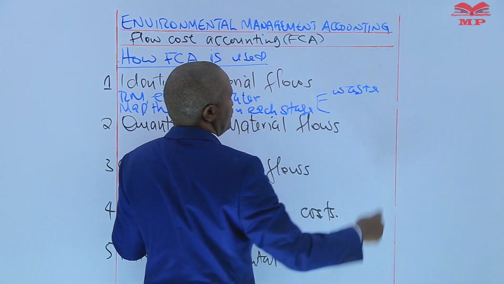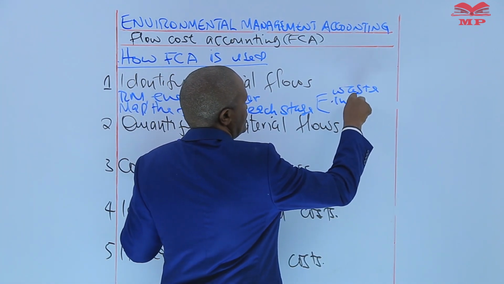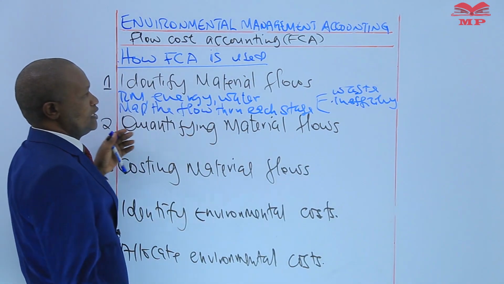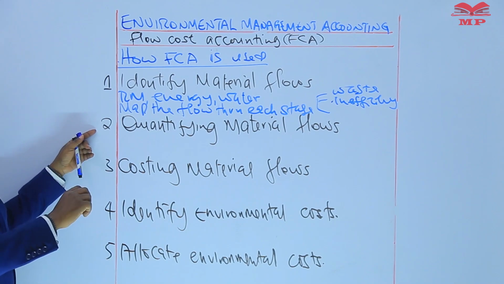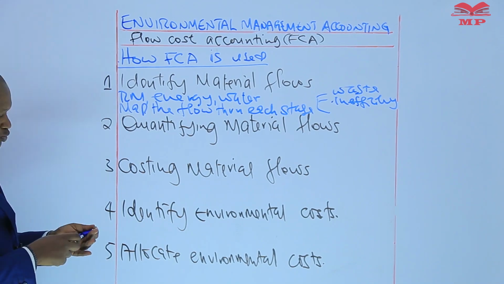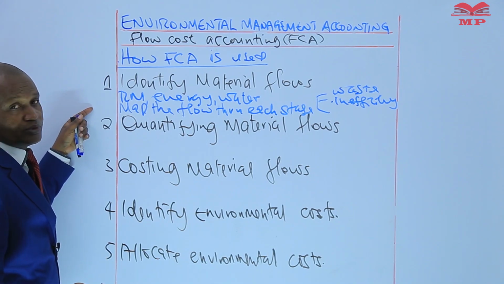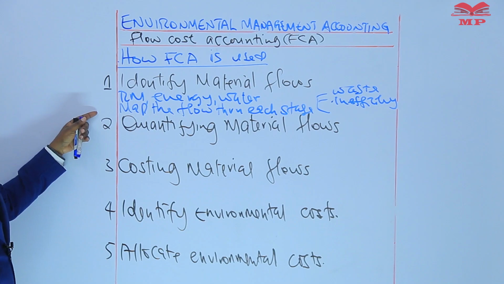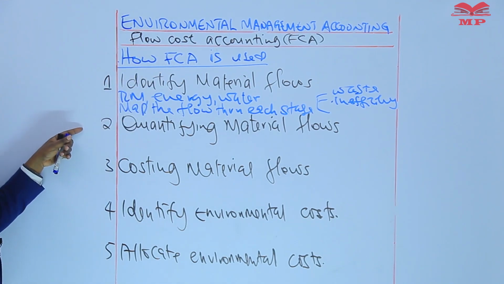What is the point of waste? Do we have wastage in process 1? Is it process 2? Do we have inefficiencies in process 3? And so on. Map out the flow. We are discussing the flow cost accounting technique.